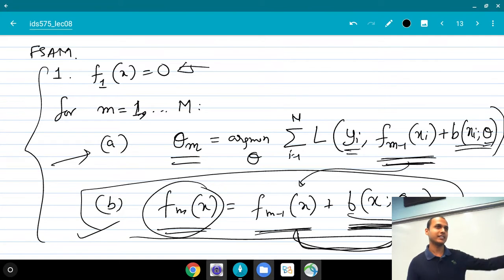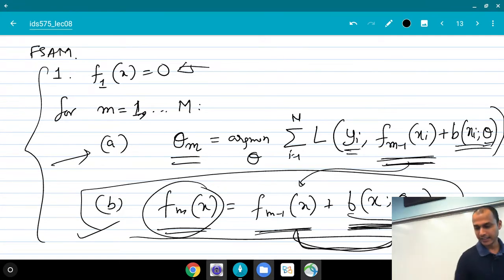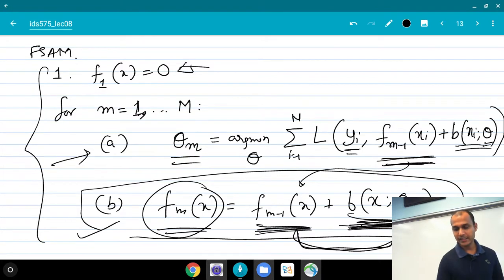Let's say b was a decision tree, and we'll get to this, and the previous m-1 were also decision trees. Then adding these is just for conceptual sake. We're going to retain all of them. We're not really going to add them. At a given test point, we're going to evaluate what my prediction is for each tree and then add them together. That's it.